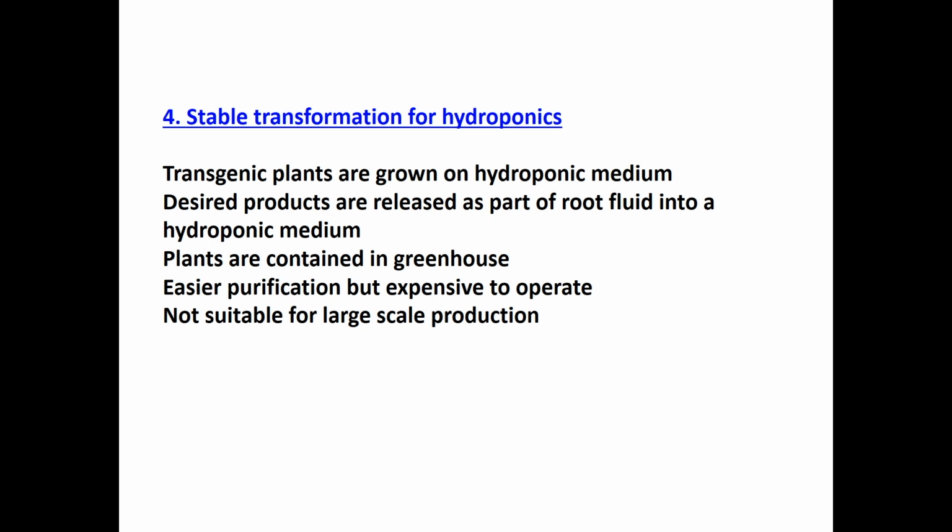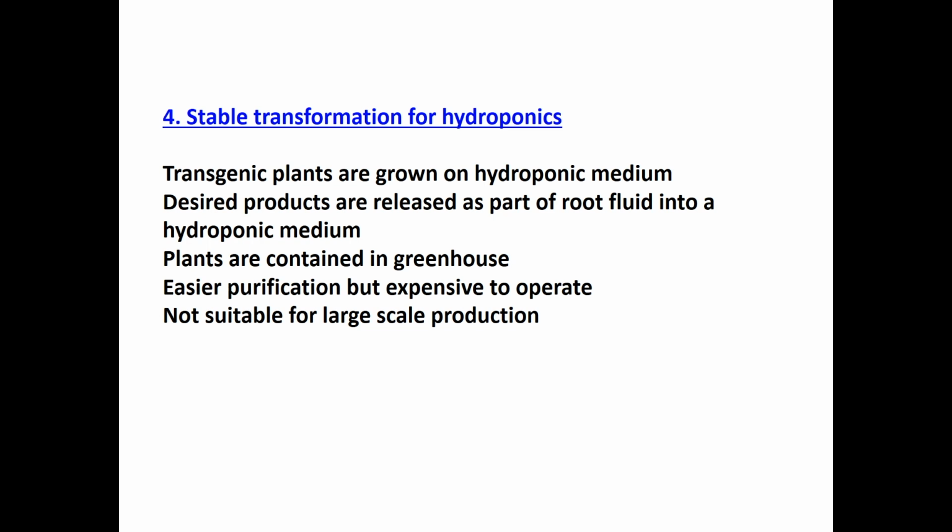Next is the stable transformation for hydroponics. Transgenic plants are grown on hydroponic medium, and the desired products are released as part of the root fluid into the hydroponic medium. Plants are contained in a greenhouse, so the transgenic events can be contained.